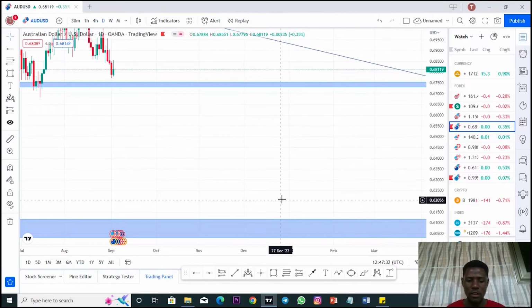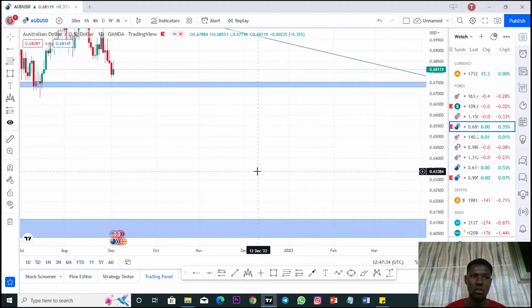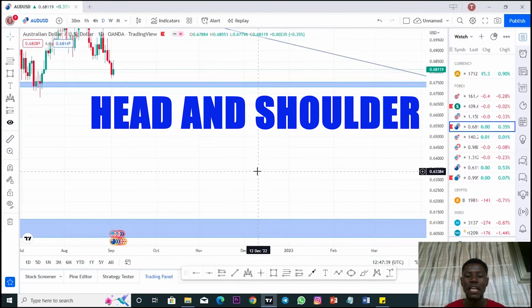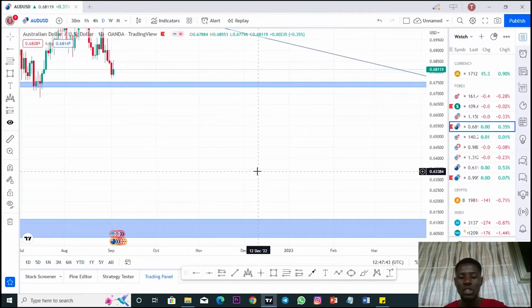So the last reversal pattern is called the head and shoulder reversal pattern. So what is the head and shoulder reversal pattern, or how does the head and shoulder reversal pattern look like?